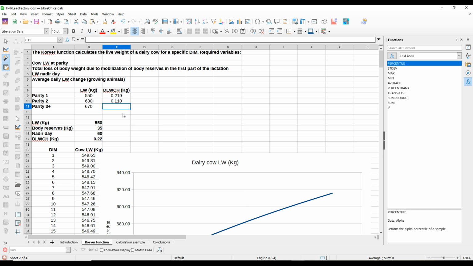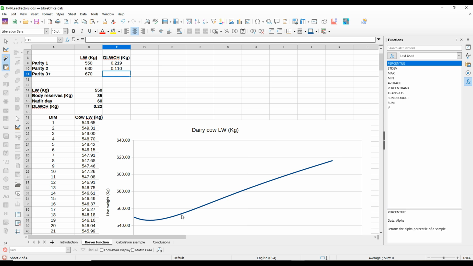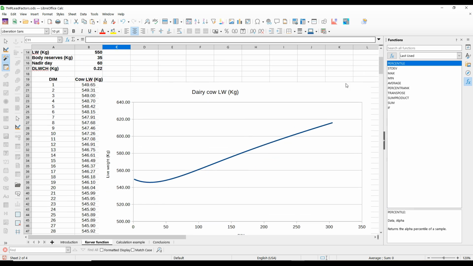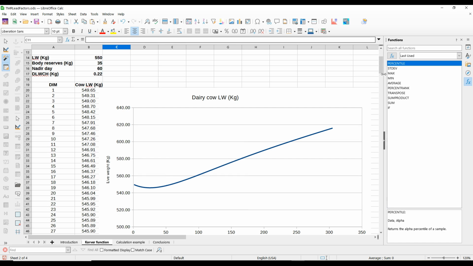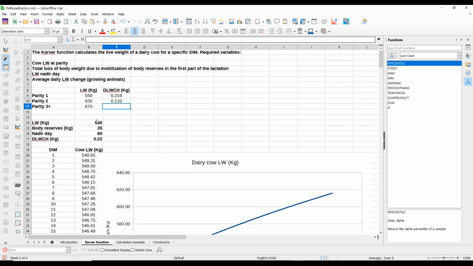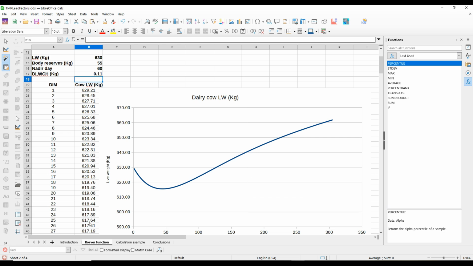Now, this is the growth curve, the weight curve for the first lactation cows. We can use this data in order to draw the curve for the second lactation cows. Let's put here 630. Body reserves, let's say 55 kilograms, the same nadir day, and 0.11 kilograms per day growth.